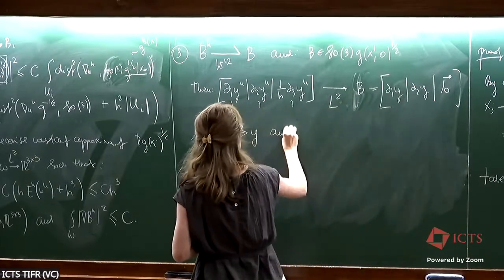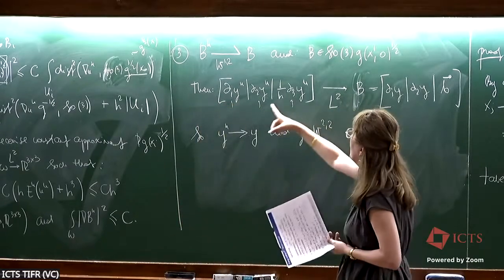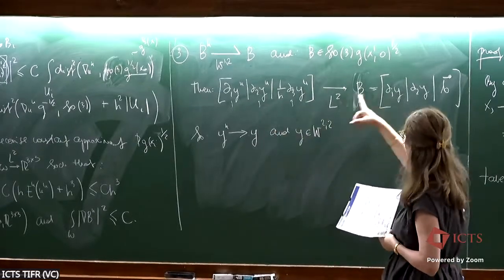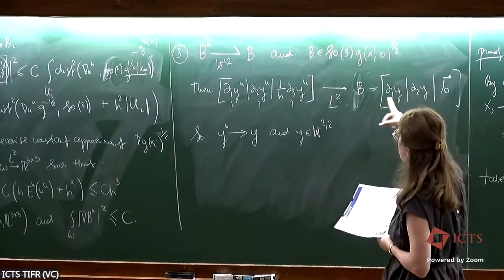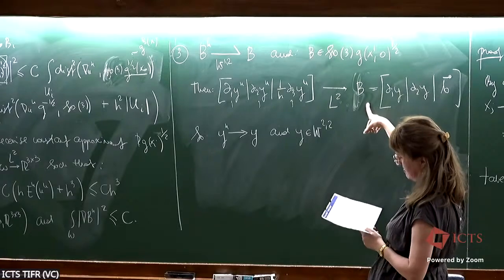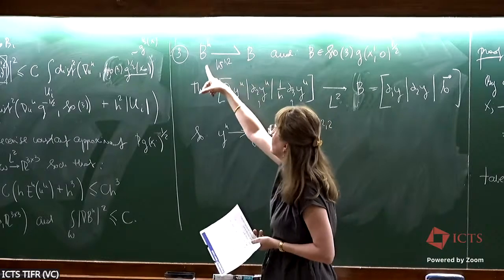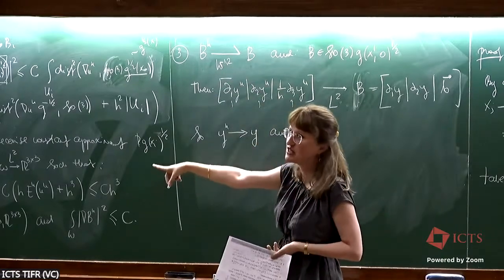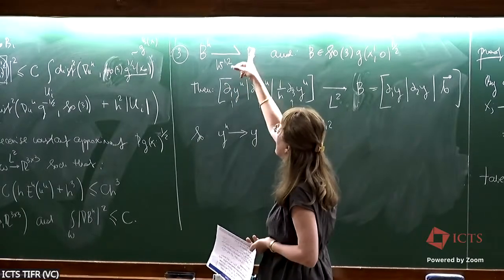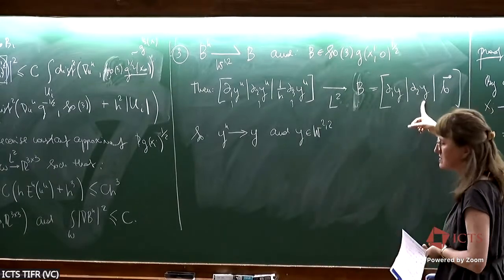And Y must be in W22 because gradient YH converges to gradient Y, but that's a part of B, which is higher regular because it's W12. Here I had a convergence in W12 because I had the difference quotient estimate. So B has one derivative, but the elements of B are derivatives of Y. So this means that Y has two derivatives.